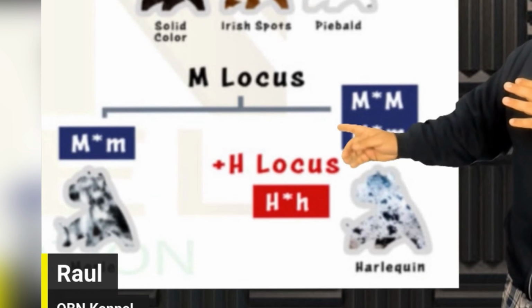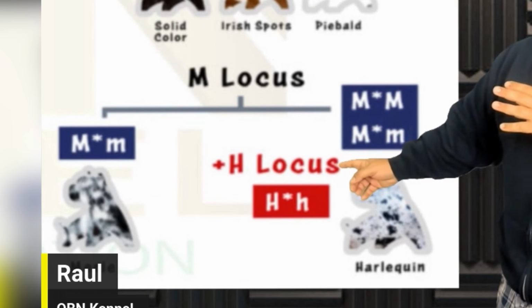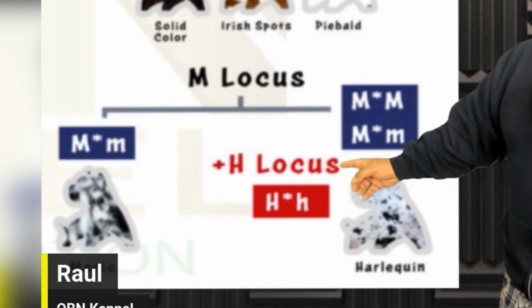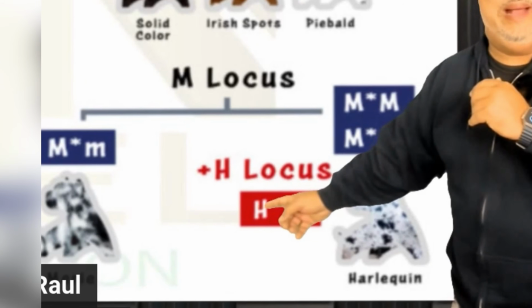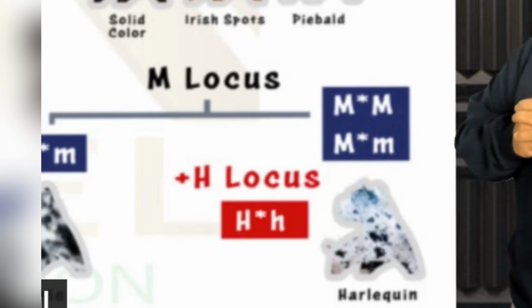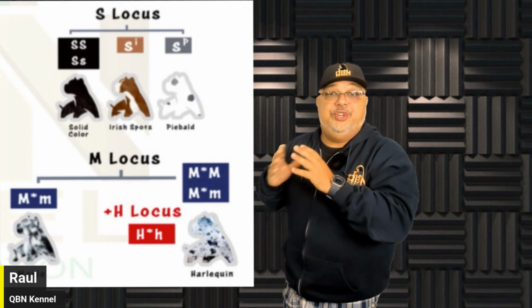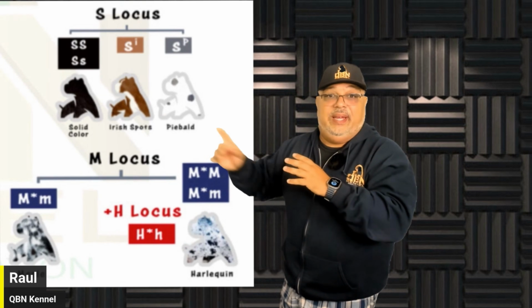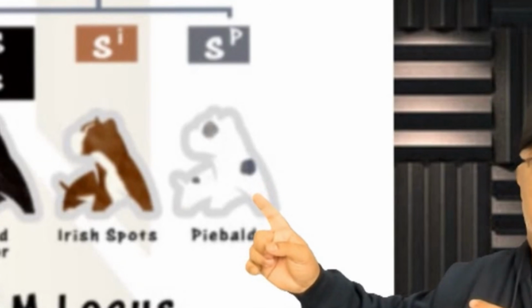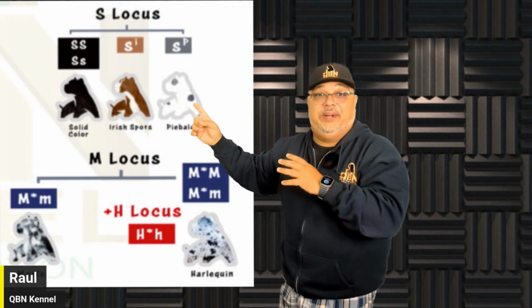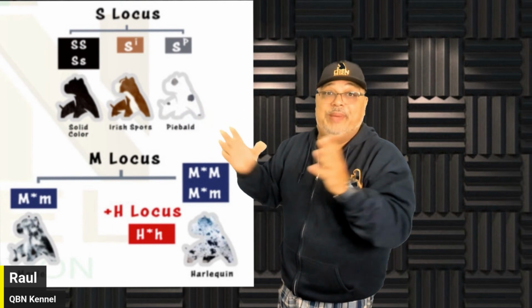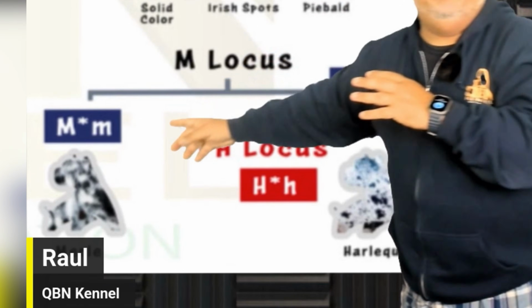Also, for those of you that have dogs that have harlequin, like Great Danes, for example, it works the same way as merle, except you may have a capital letter H and a lowercase letter h. Again, you do not want to breed a piebald dog to another piebald dog, because it's going to make these islands a lot smaller and it's going to make the white sea a lot bigger. And the same could be said with merle.